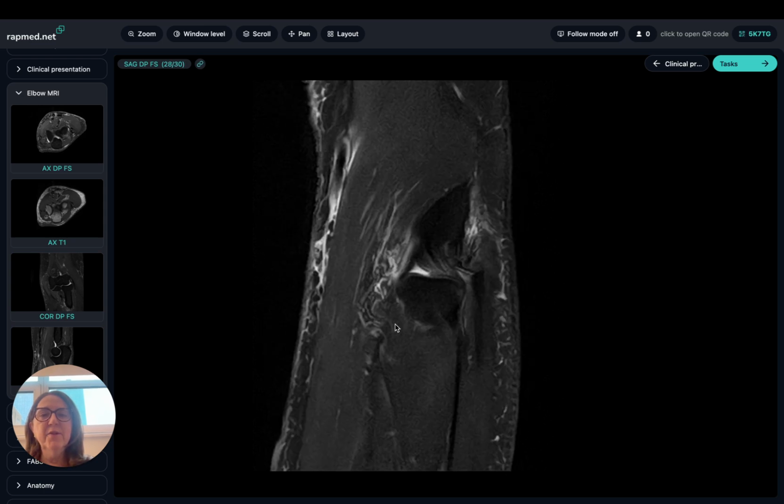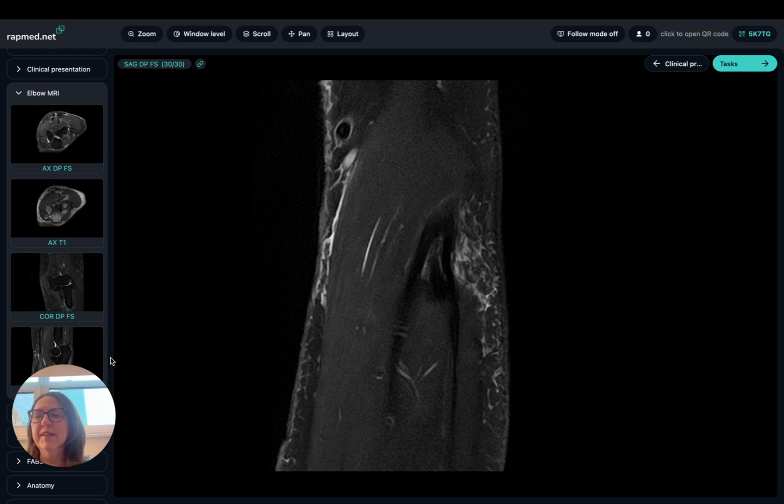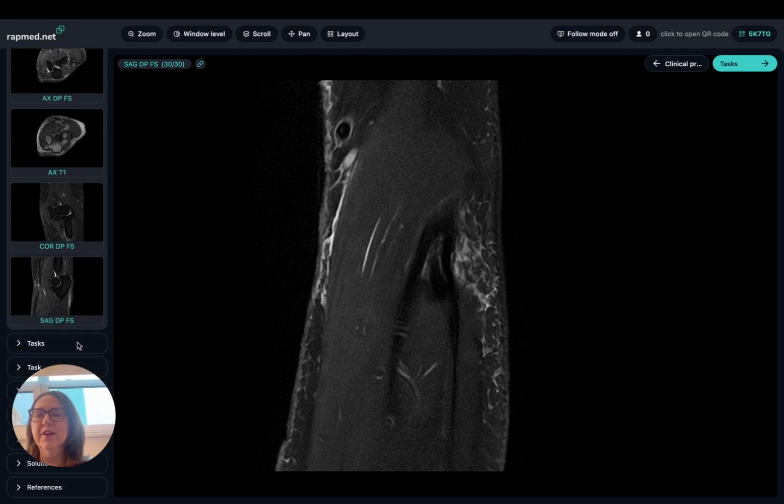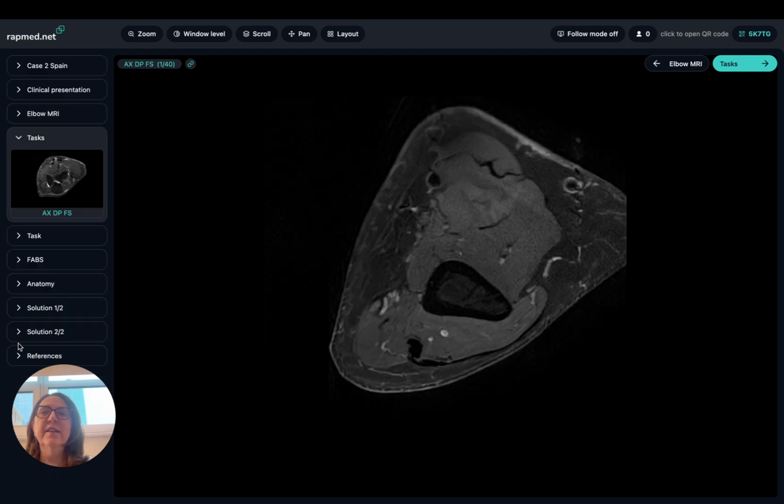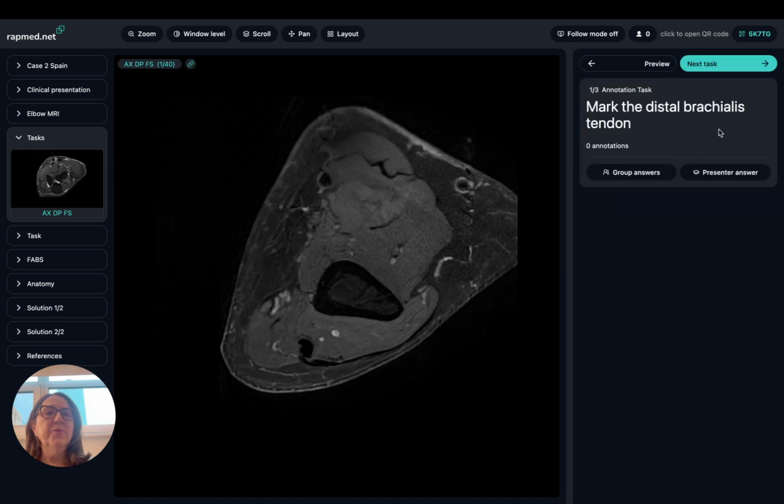So we see that most of the lesions are located in the anterior compartment. So our first task is to mark the distal brachialis tendon.